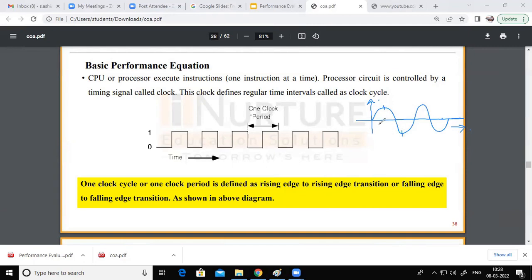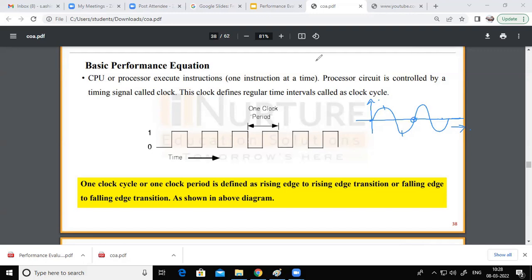When we talked about one complete cycle, my graph started from 0, reached a peak value, came to 0, reached a negative peak value, again came to 0, and after that it started again from here. The point at which the graph repeats itself is a complete cycle. So this is one cycle.